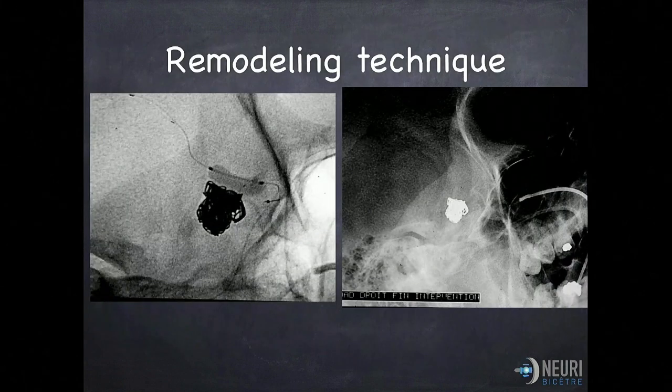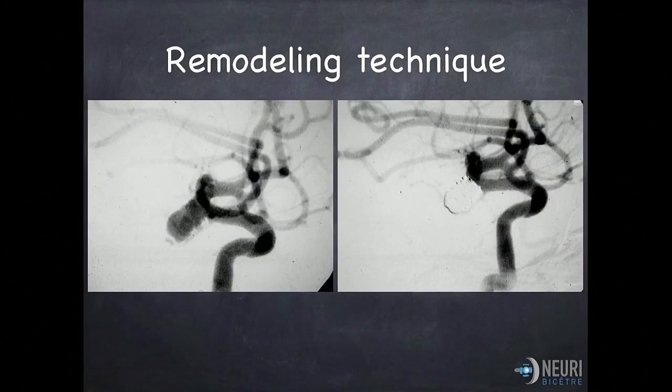I was resident in the department, and you provide a constraint within the mesh of the coils, and when you deflate, you have something which looks like a reconstruction, which is the name, the remodeling technique. You remodel the wall of the vessel.